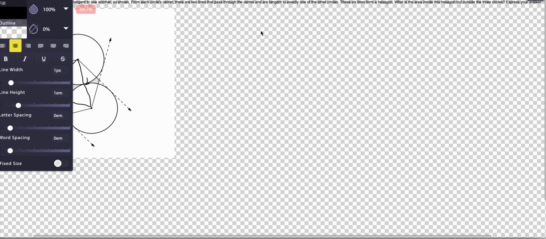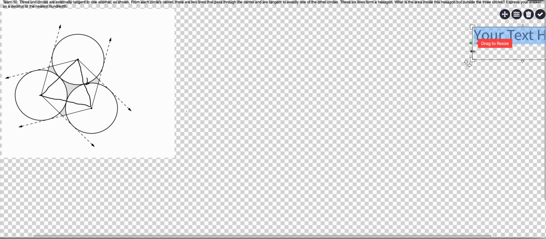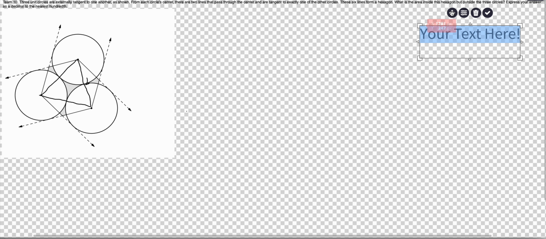The area of an equilateral triangle is side squared times the square root of 3 divided by 4. So 2 squared times the square root of 3 divided by 4 is square root of 3.